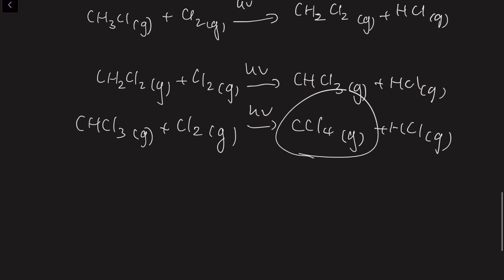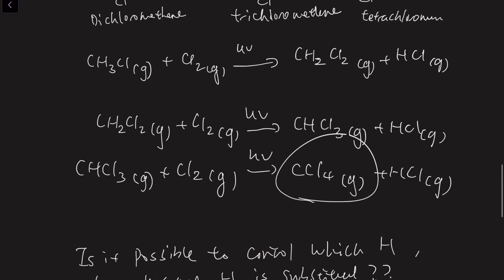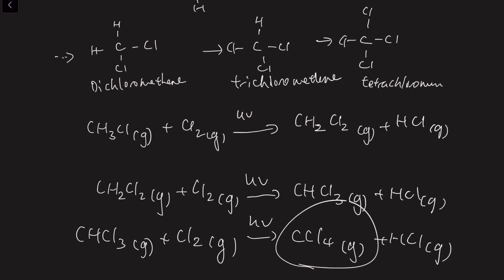So another question that you might ask is, is it possible to control which hydrogen or how many hydrogens are substituted? The answer is no. So all of this is a purely random process.